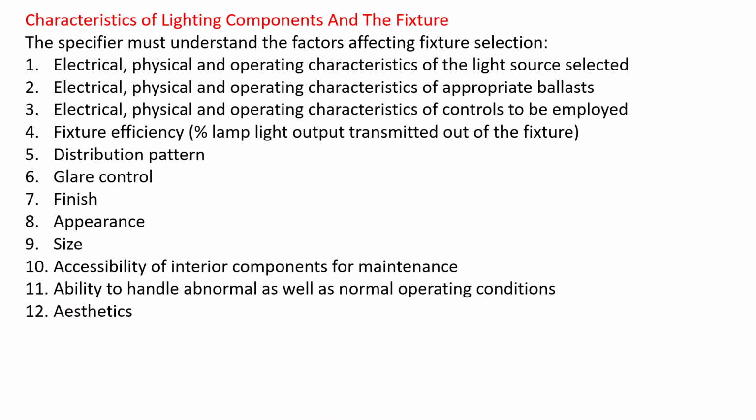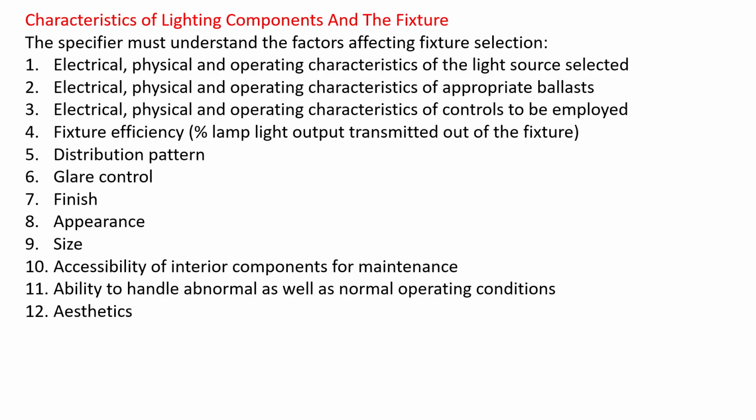Friends, the various characteristic features of a lighting fixture are: electrical, physical and operating characteristics of the light source selected; electrical, physical and operating characteristics of the appropriate ballast; electrical, physical and operating characteristics of the control to be employed.